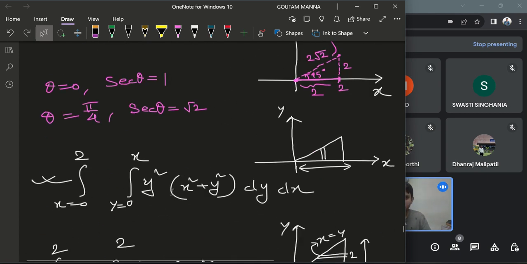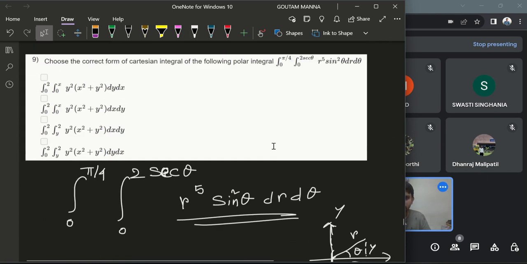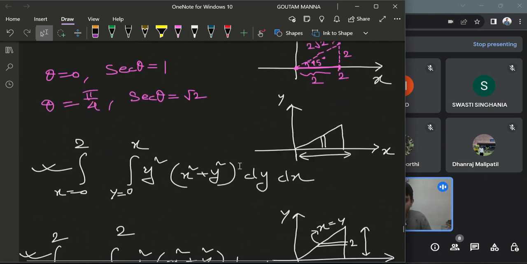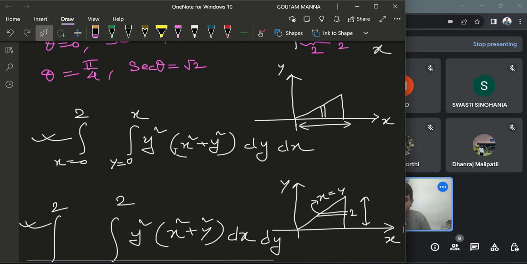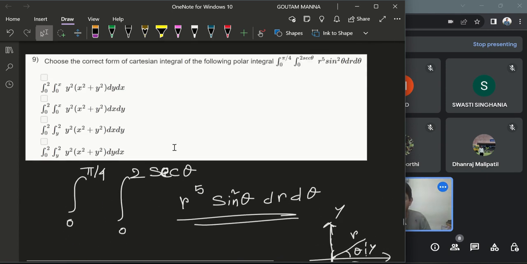These two integrations in Cartesian coordinates are equivalent to this integration in polar coordinates. So the correct option will be, the first one, x is going from 0 to 2 and y is going from 0 to x.